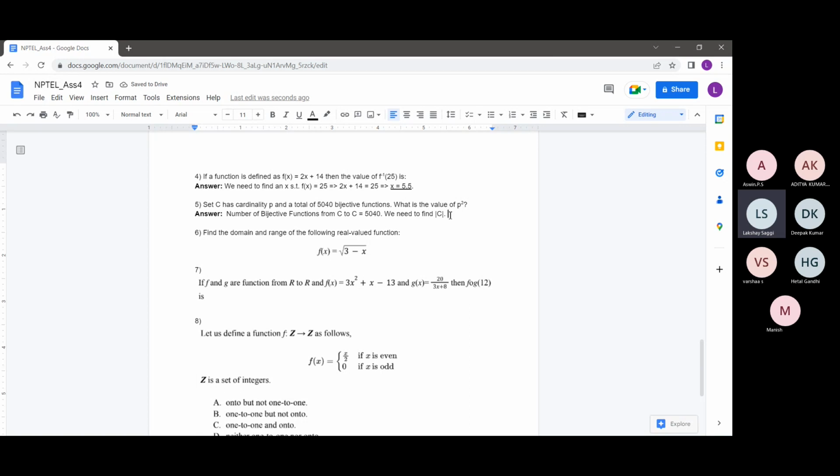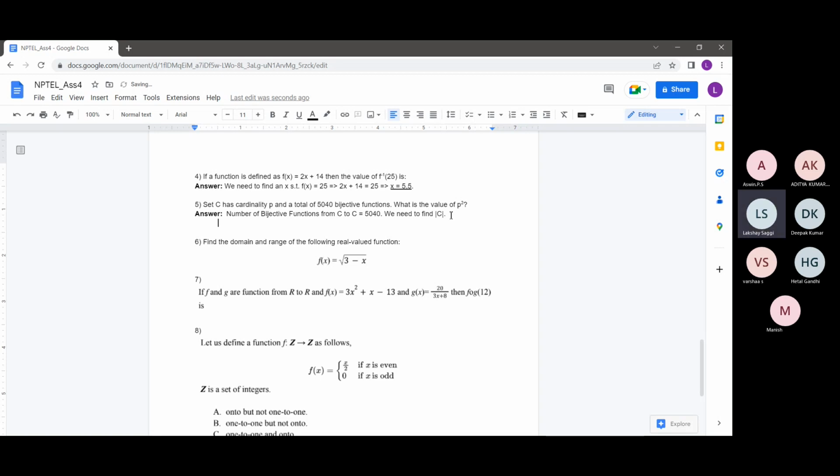You must have seen it in lectures, or you can derive it easily as well, that the number of bijective functions is equal to the factorial of the cardinality of the set C. So basically P factorial.